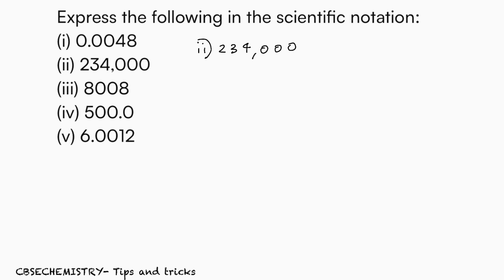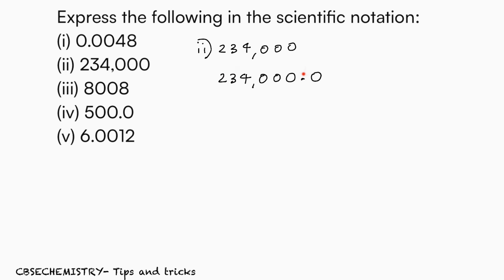That is 234,000, correct? So for easiness, for understanding, I am writing it like this: 234,000.0. For representing it in scientific notation, we have to bring this decimal just after the first non-zero number, means just after 2, or in between 2 and 3. So how many positions? 1, 2, 3, 4, 5.